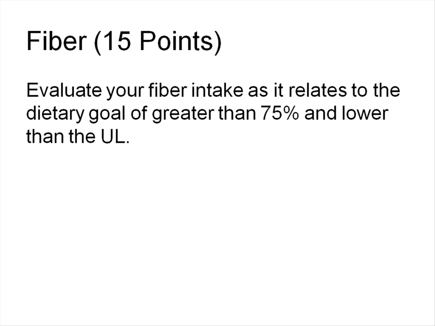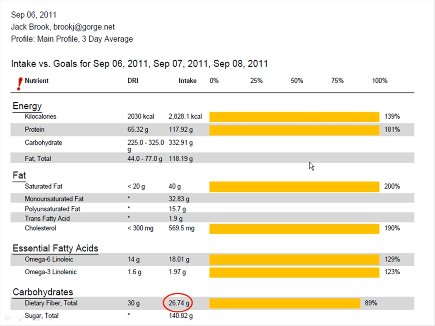As far as fiber, you're going to look at your fiber and use the 75% rule. Here's your fiber gram amount, and here's your percentage, so you can see I met the goal of 75%. I'm at 89%. But if you remember from the lectures, the goal for fiber is 75% insoluble, 25% soluble.